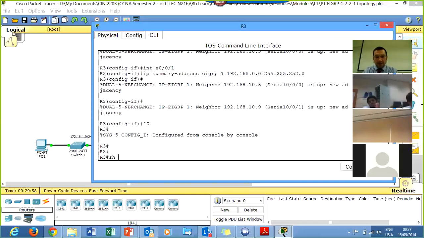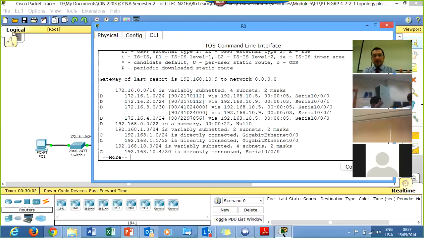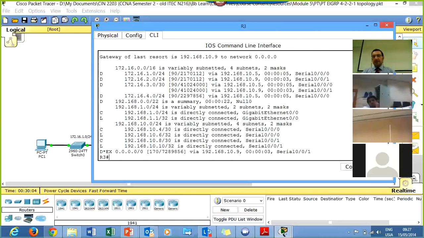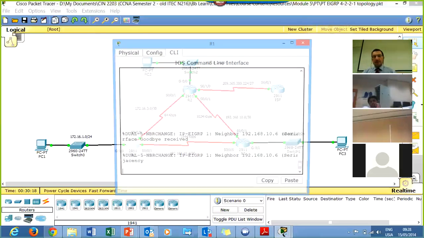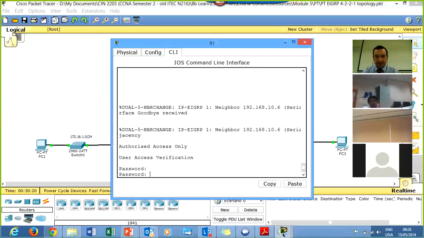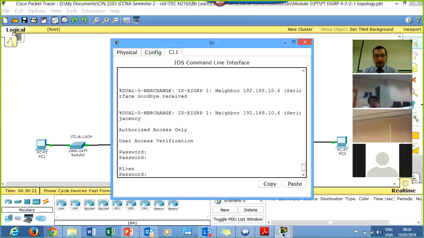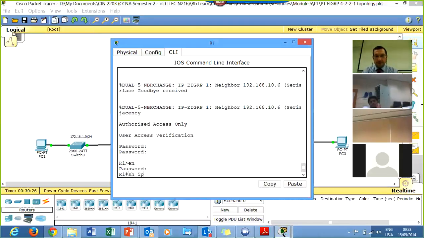Let's have a look. Show ip route. This is on R3 itself. Has it made any difference to R3? No. R3 is still the same, because those networks are all directly connected. The 1.0 is directly connected, so it will show exactly as it is. However, let's have a look now at R1 and see what happened on R1 and R2.